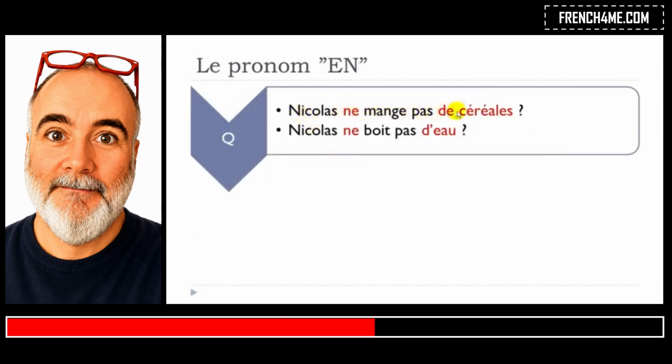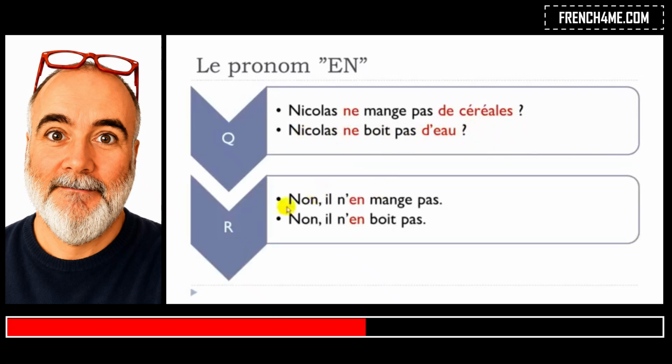Nicolas ne mange pas de céréales. Okay, so you've got the question, but here you've got the ne and then the pas, so you know that it's negative. Nicolas ne boit pas d'eau. So let's see the answers. Non, il n'en mange pas. Non, il n'en boit pas. Okay, so the concept is still the same.